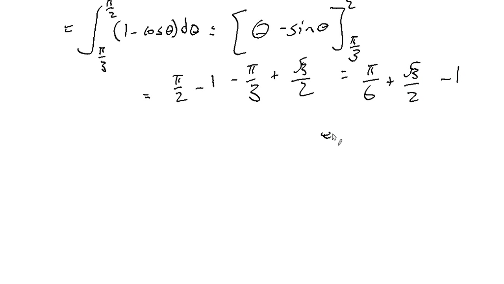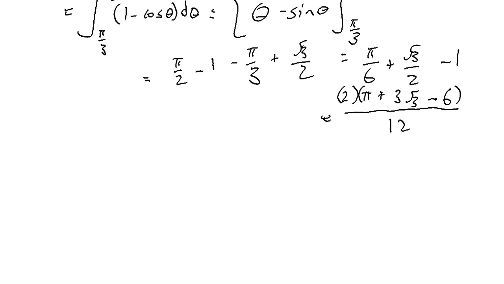I'm also going to write this now as (pi plus 2 times pi plus 3 root 3 minus 6) over 12. Why am I doing that?